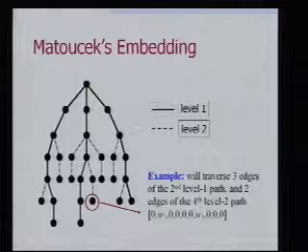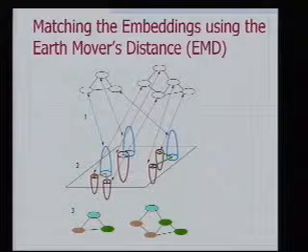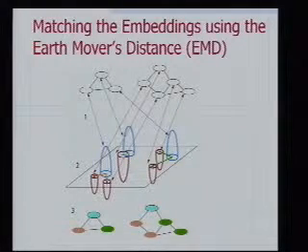And Matoucek prescribes a set of weights, right, which minimize the distortion of the mapping. Okay? So every node in here gets mapped to a vector, right, that spreads out these nodes as a function of these path lengths in the graph. Okay? So now what we have is one graph and another graph, and we're going to take these graphs and embed them into this space.